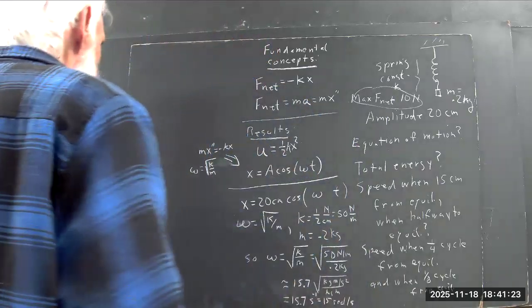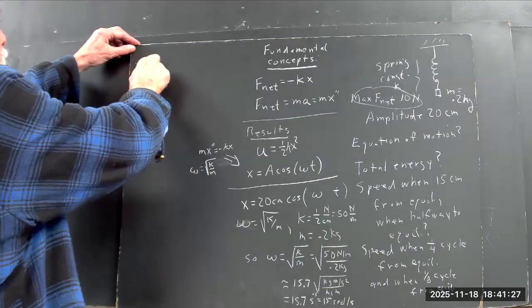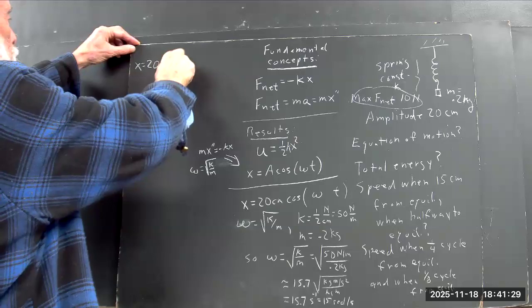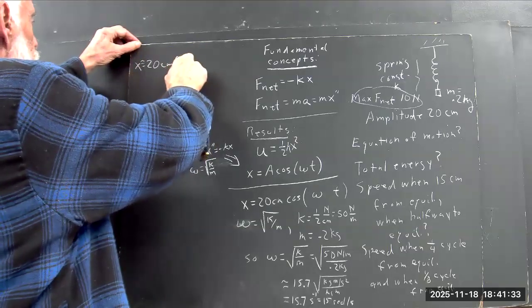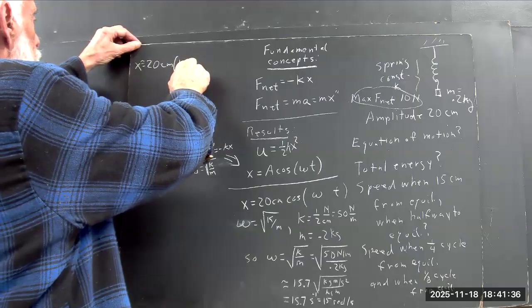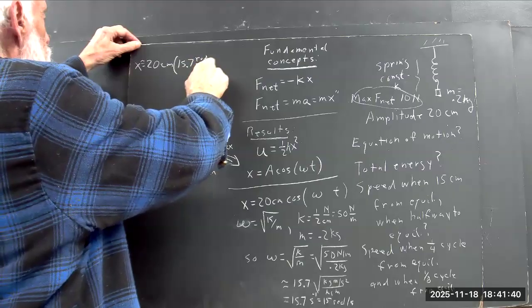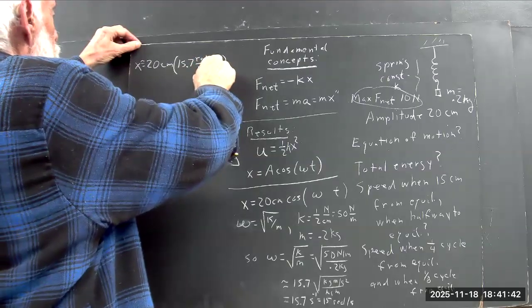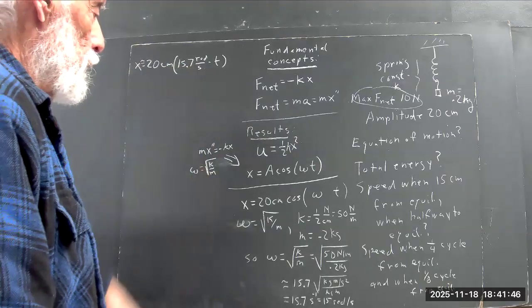So now we can write our equation of motion. Approximately 15.7 radians per second times t.